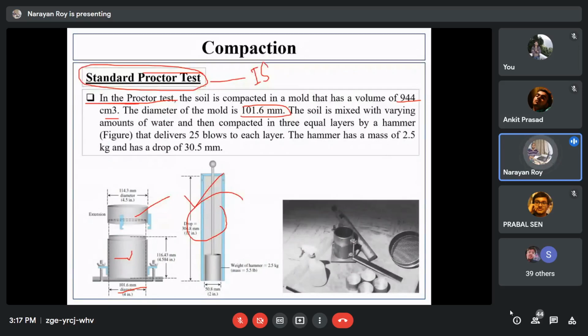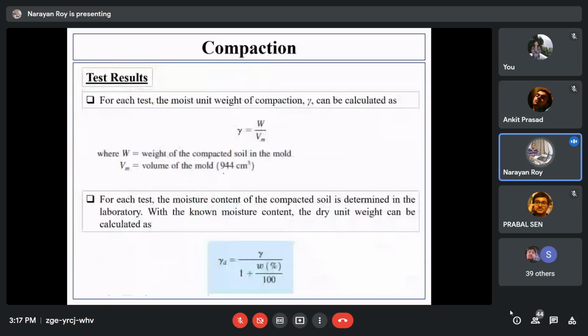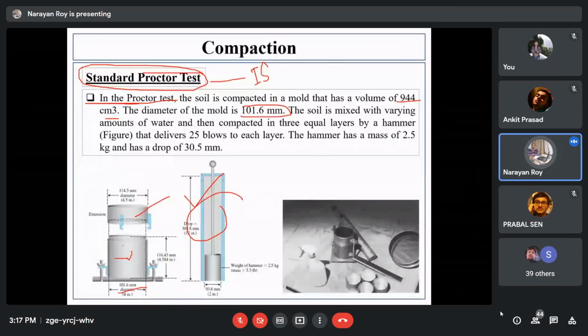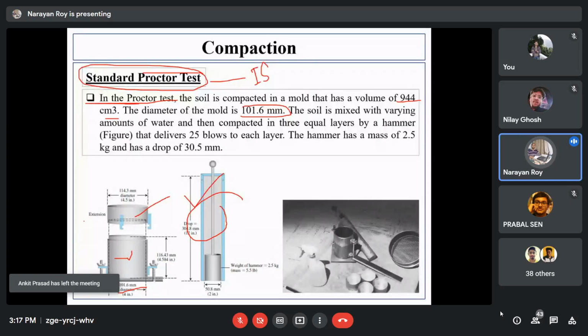Once it is done, you have to take the weight of the entire mold. Initially you take the weight of the empty mold, and also the weight of the entire assembly after filling it with the soil sample.